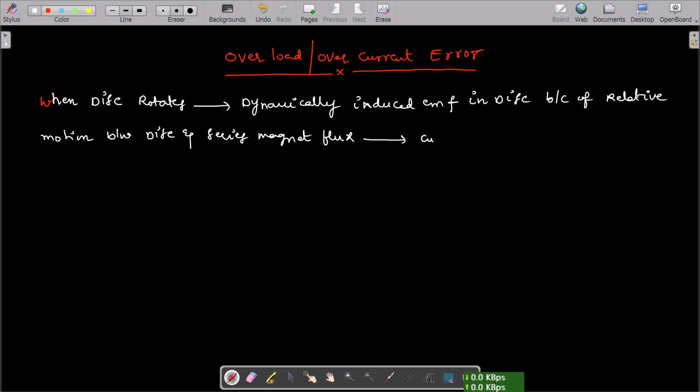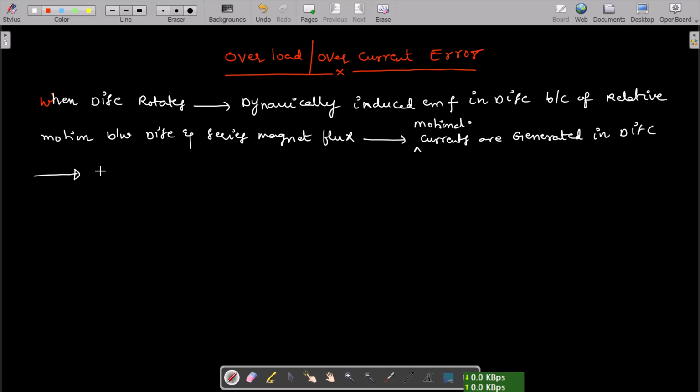Then currents are generated in the disk, since EMF is there, then currents will be there. What are these currents? These currents are dynamical currents, motional currents, not eddy currents. These are motional currents.